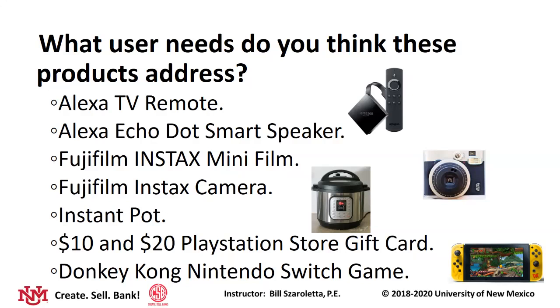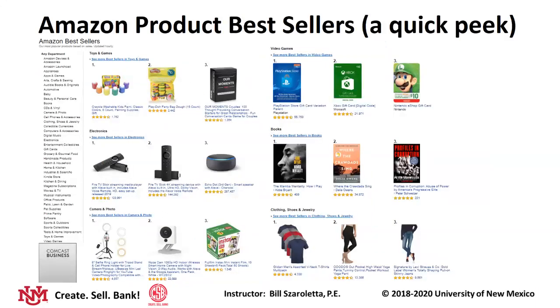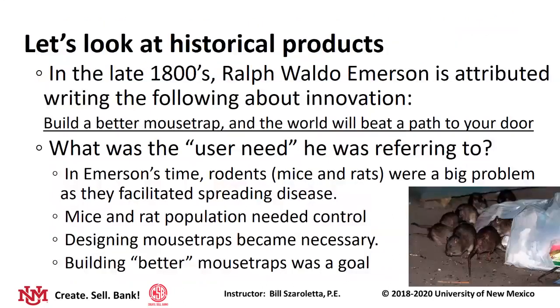There it is shown down there. So what user needs do you think these products exist? Think about that for a sec. Go back here and think about these bestsellers. What are the needs? Because somebody developed the product to satisfy a need. And if you can identify that need, that's very, very important.